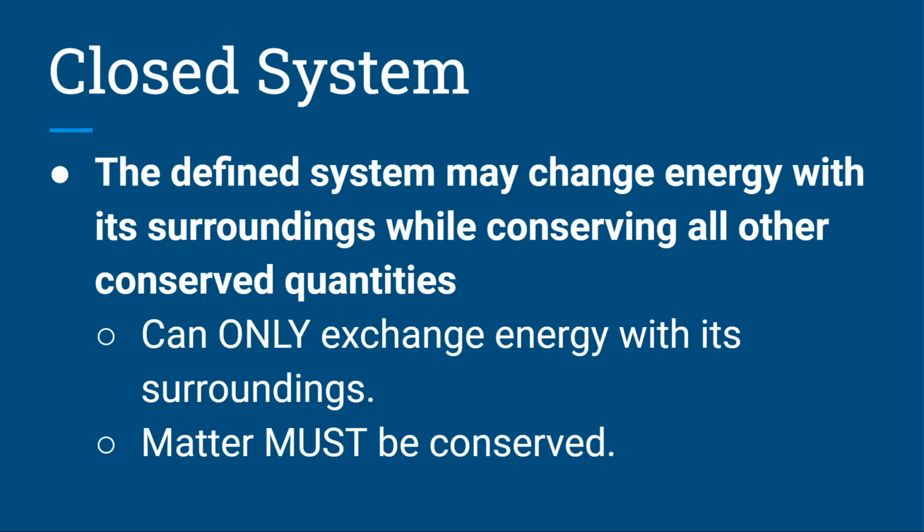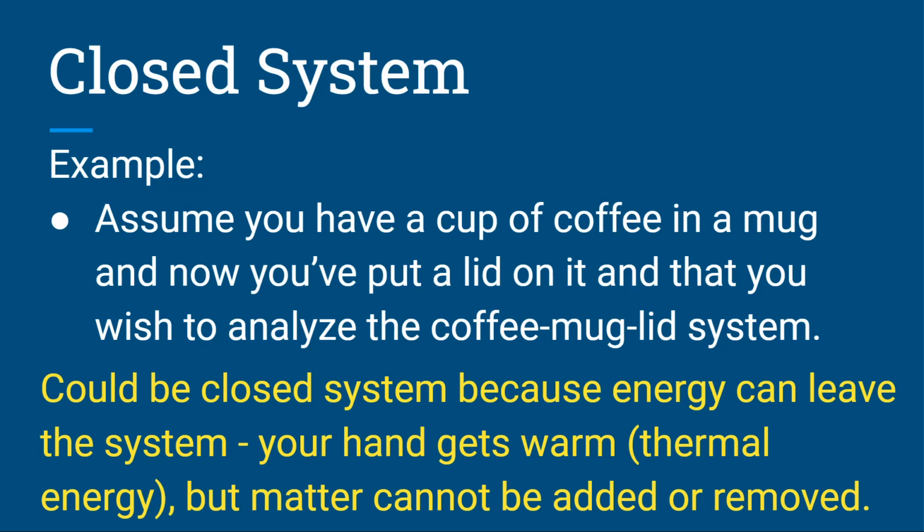Again, we'll look at the same example with a coffee cup, and I kind of mentioned this a minute ago. With our open cup, before, we could have matter exchange or heat exchange. But with the closed system, let's say that we now put a lid on it. So now we can't add anything to it. In our new coffee mug lid system, we're not going to have any mass or matter leaving or entering the system, but we could still have thermal energy.